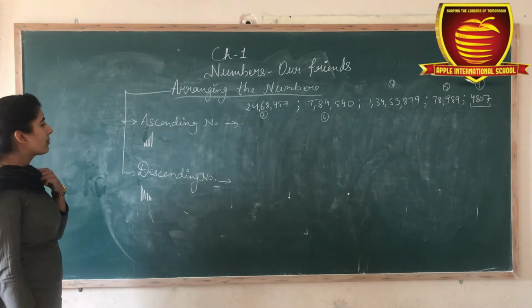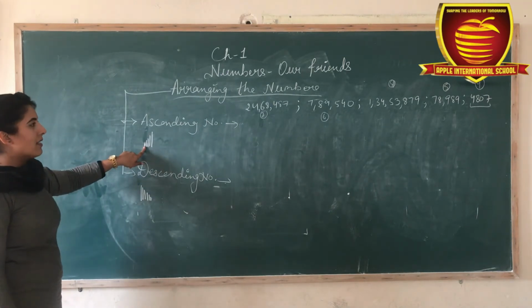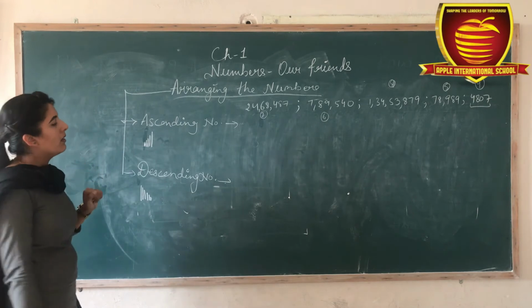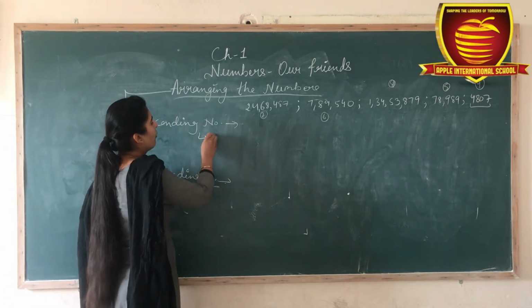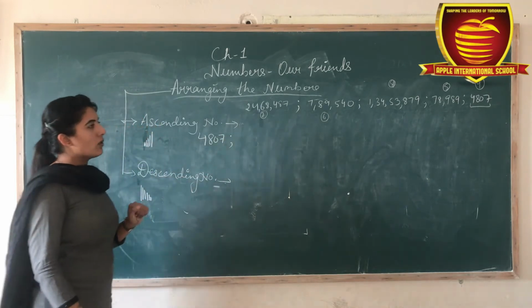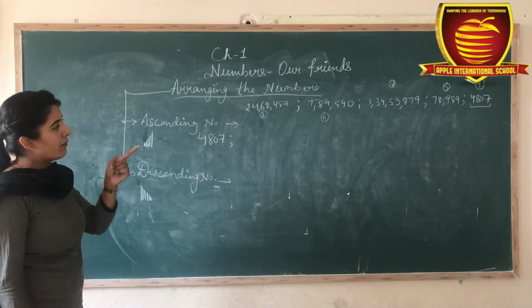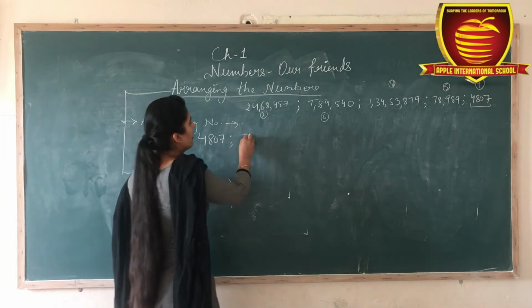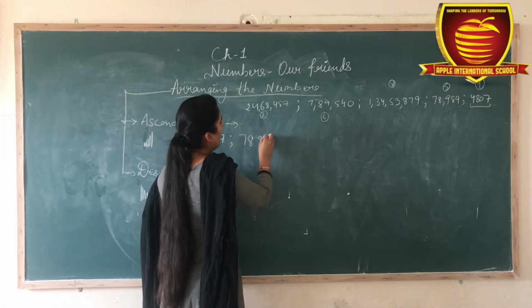Now the smallest is the 4-digit number, so firstly we write 4807. After the 4-digit there is a 5-digit number, 78989.